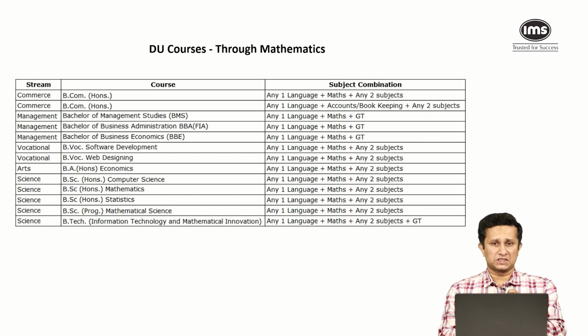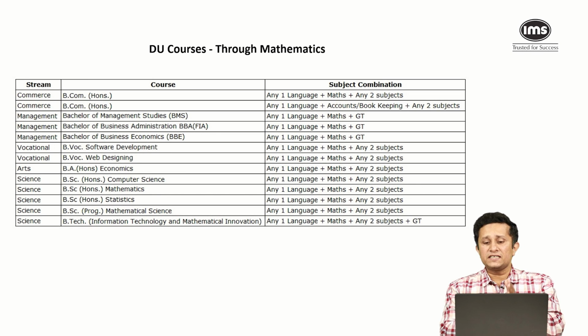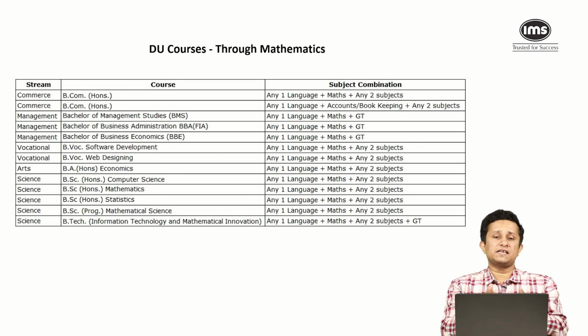Now the very first is the flagship course under the commerce stream in DU, which is BCom Honors. So if you want to do an honors program in DU, you will need mathematics. So your combination here will have to be any one language, that's English possibly, plus maths, plus let's say economics and business studies or accountancy and business studies.